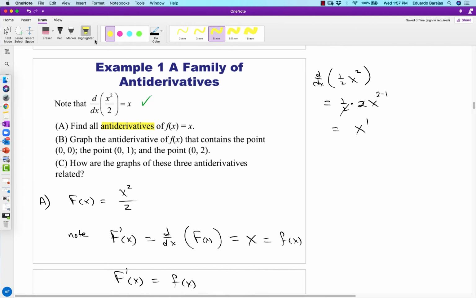However, it doesn't say just find an antiderivative, it says find all antiderivatives. So that's when we have to recognize that there is an infinite number of possible answers. So we put plus c, where c equals any real number.